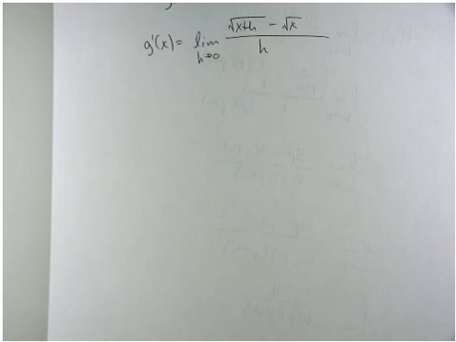We just have to figure out how to evaluate this limit so that we get rid of the h's, right? Especially that h in the denominator. Any ideas? Is there something that I can do to the numerator to make it more friendly for me?